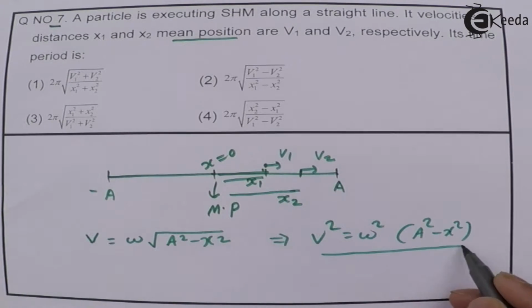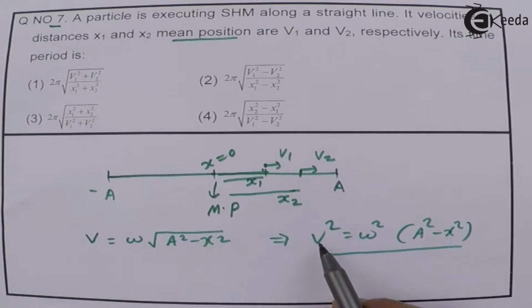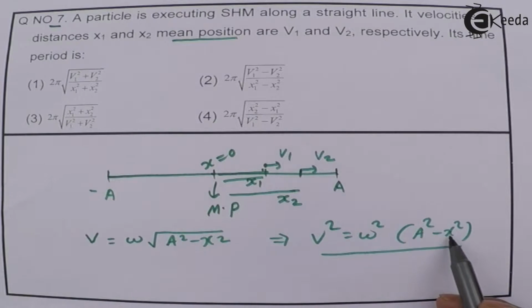This is the formula which relates velocity with the displacement x. In this situation, we have two displacements x1 and x2, corresponding to which we have two velocities v1 and v2. So first of all, we write those two equations and then solve them.